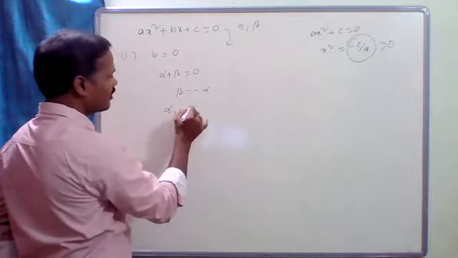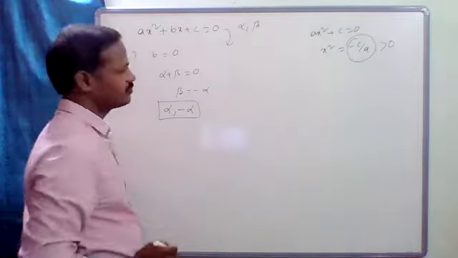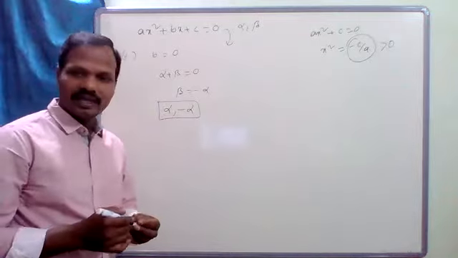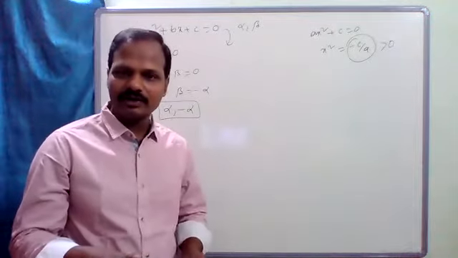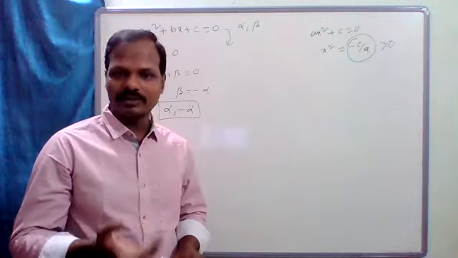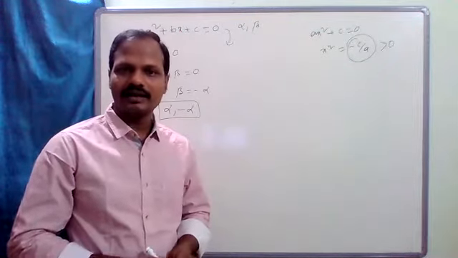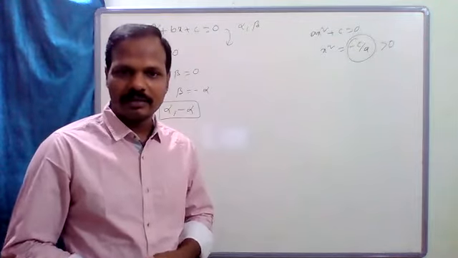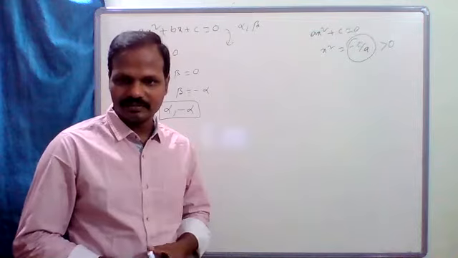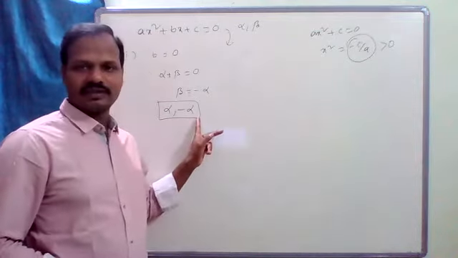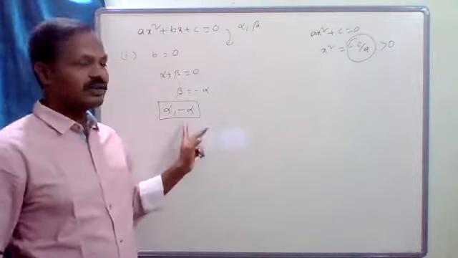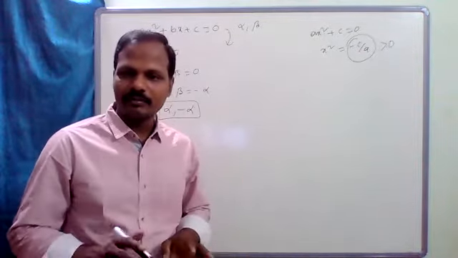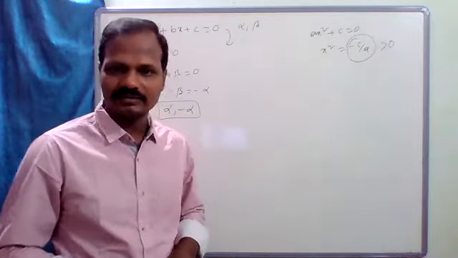The roots are alpha and minus alpha. The roots are equal in magnitude but opposite in sign. Is it clear? If b equal 0, then roots can be taken as alpha and minus alpha.